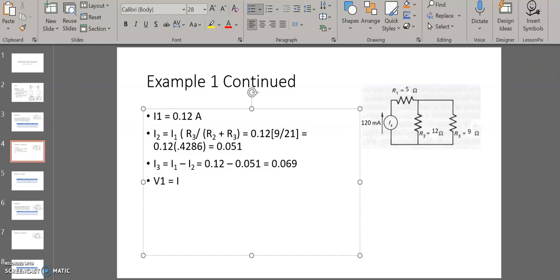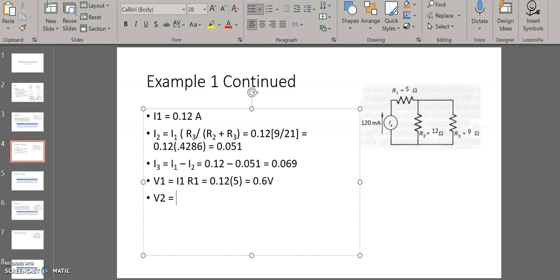V1 equals I1 times R1, and I'm basically going to put the values in. So I have 0.12 times my 5 ohm resistor, and I do the math, and that's going to give me 0.6 volts.